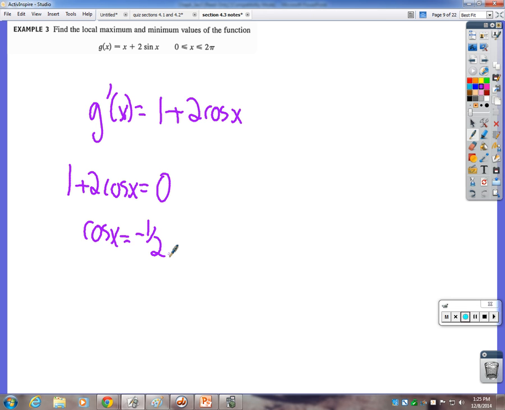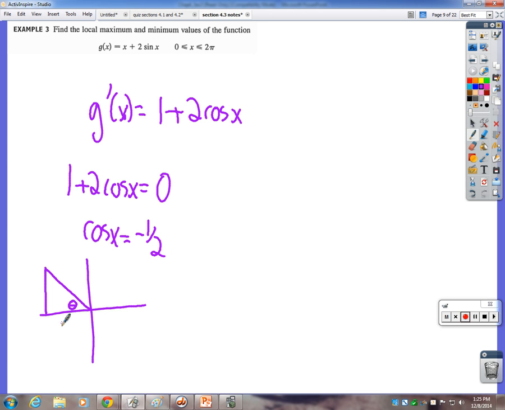Okay. Like I said, we're going to stay away from the calculator. So we have a little triangle. Now it says it's negative, right? Cosine is the x or the y? The x. So if the x is negative, then I have to be over here somewhere in the third or the fourth quadrant, correct? So let's start with the third quadrant. And cosine is 1 over what?